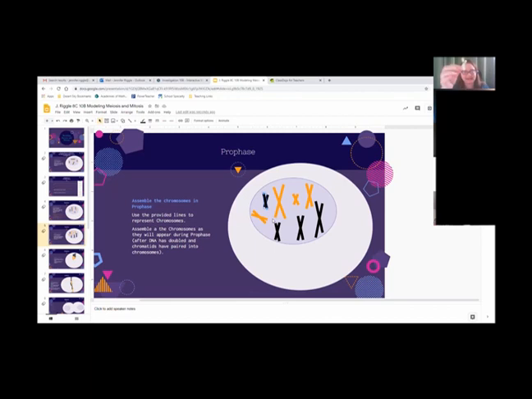You would be putting them into your diagram on the prophase section. So I would go here on prophase, and I'd put all my X's into my prophase. But we're just going to do that right now in the slides. And I'll give you guys a couple more seconds to finish that up.